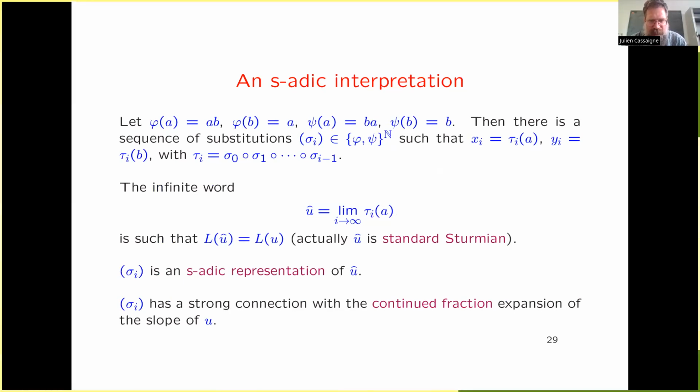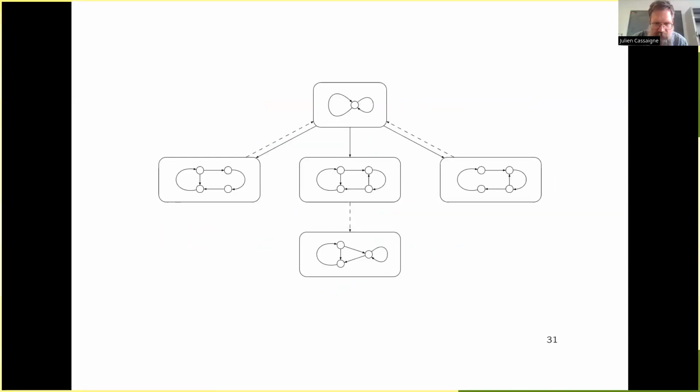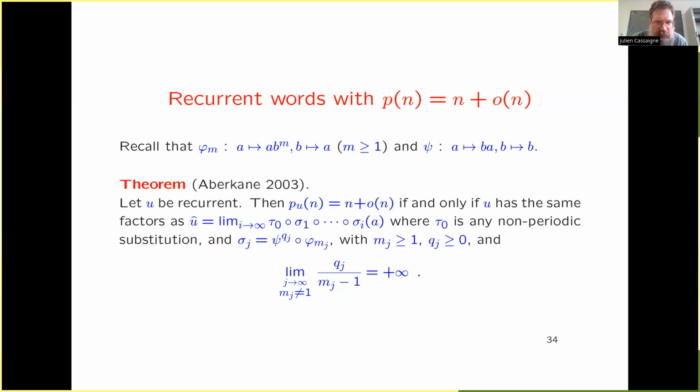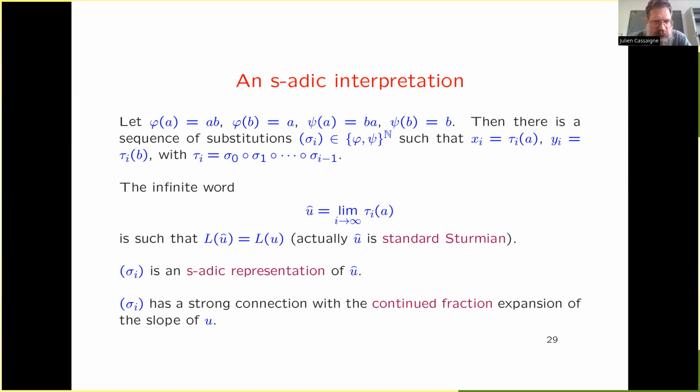What you get at the next step is a combination of what you had at the previous step, and this amounts to composing the substitution tau I with one of these substitutions, phi or psi. That's in the case of Sturman word. Phi corresponds to the left path, and psi to the right one.